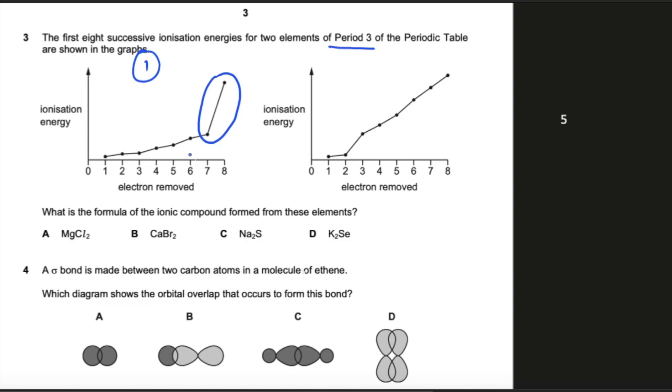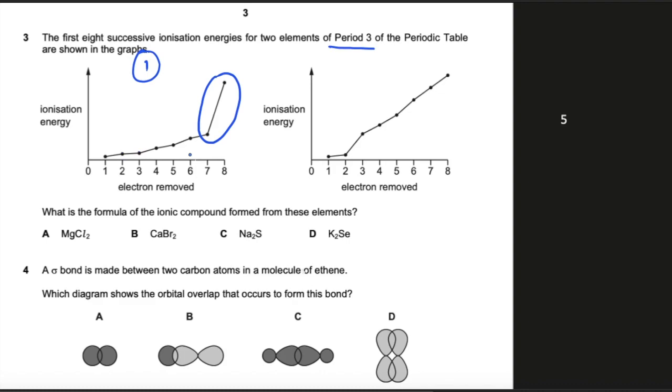It means this element belongs to group 7, because when you remove the 7 valence electrons from the same shell, the size of the atom becomes smaller.